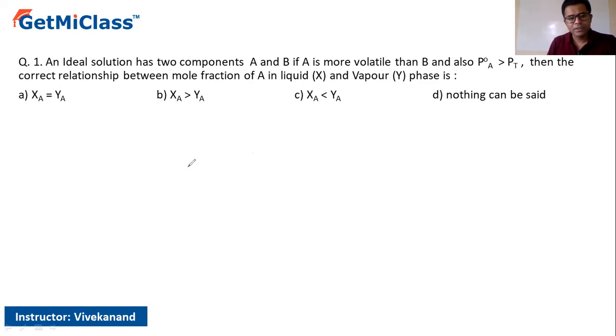Well, in this entire scenario, we are going to make use of two different concepts, that is Raoult's law and Dalton's law of partial pressures. So let's make use of these two.